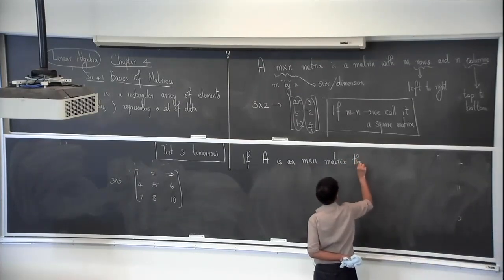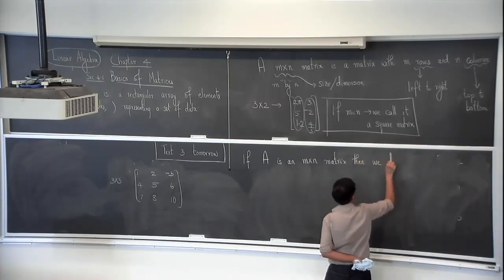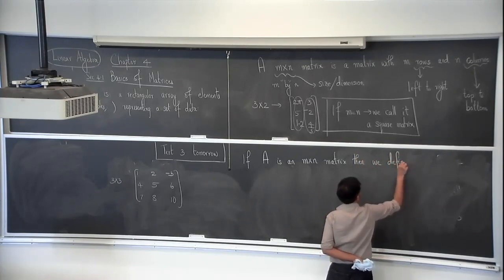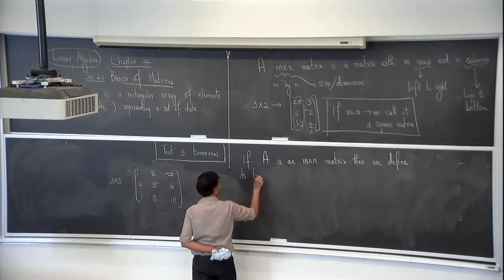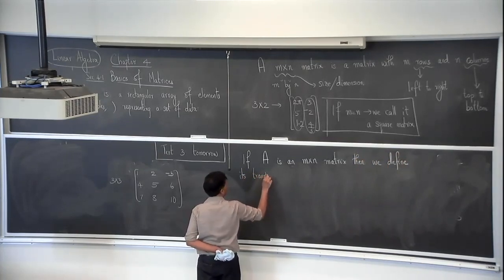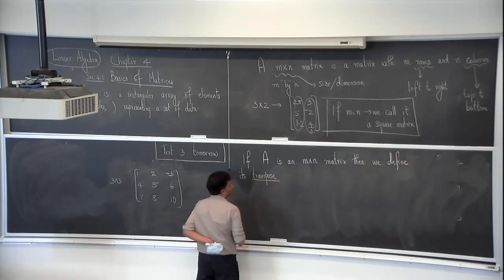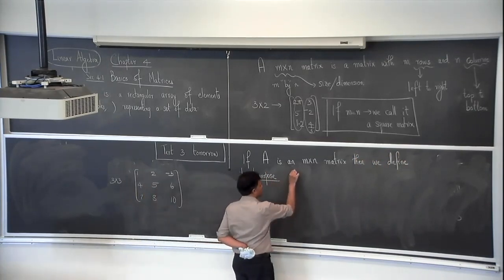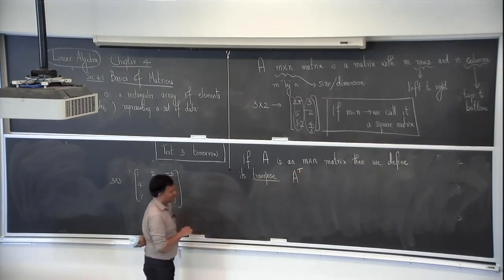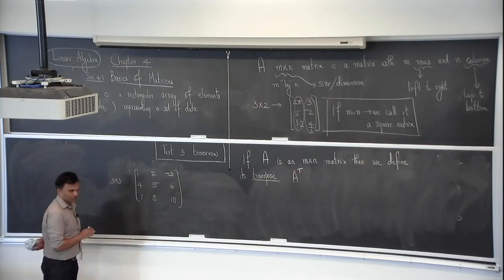Then we define its transpose. The transpose is denoted by A with a superscript T. I'm not going to call it A to the power of T, it's just a notation. T for transpose.